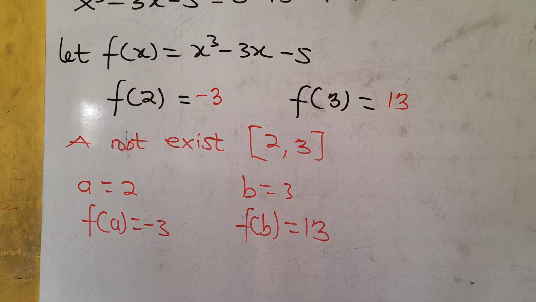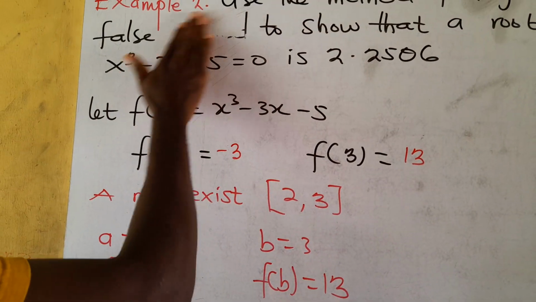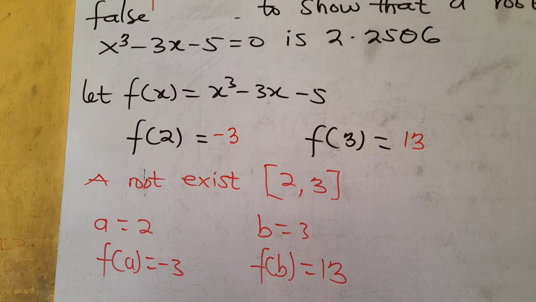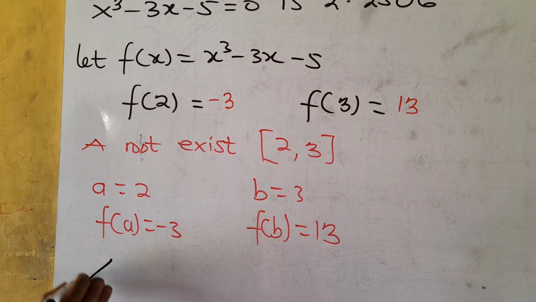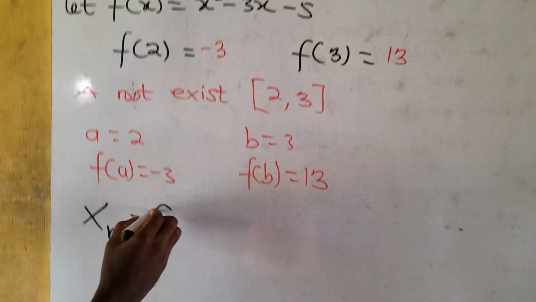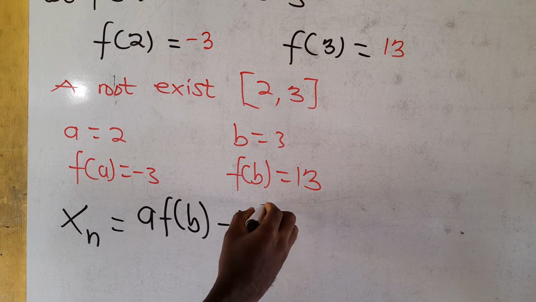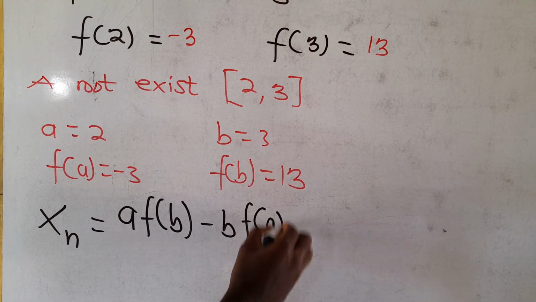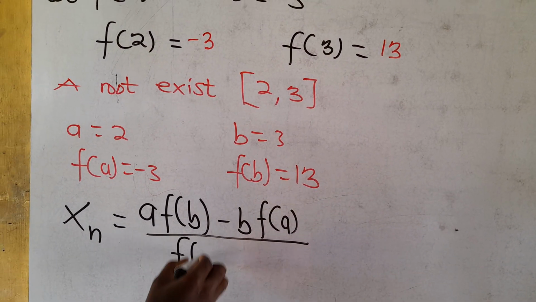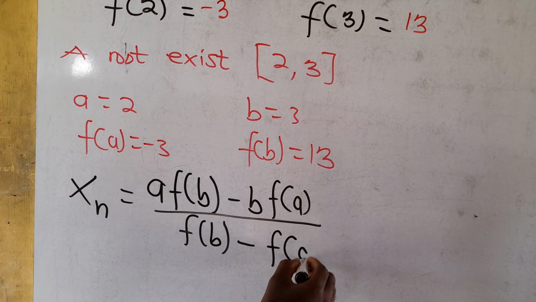So remember with the Regula Falsi method, we should show that xn is equal to a times f of b, minus b times f of a, all over f of b minus f of a.